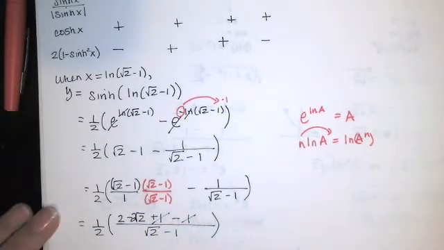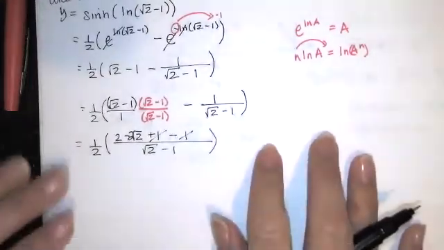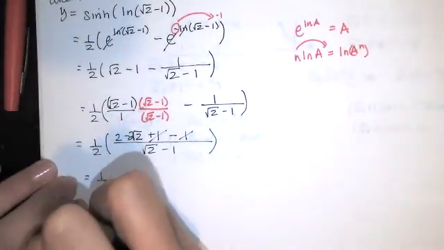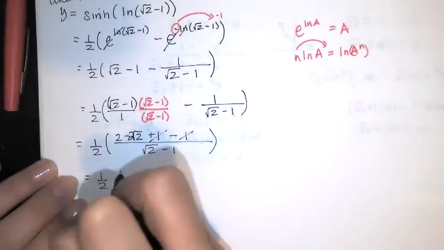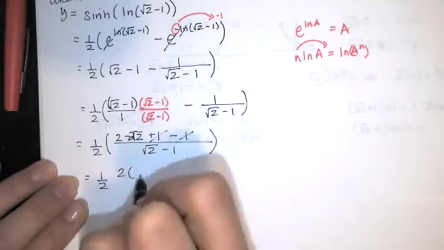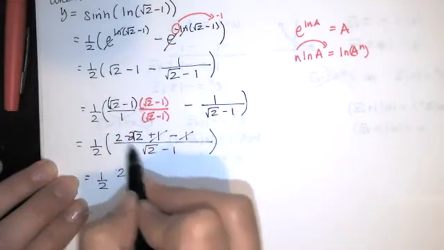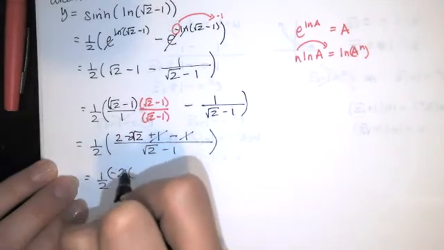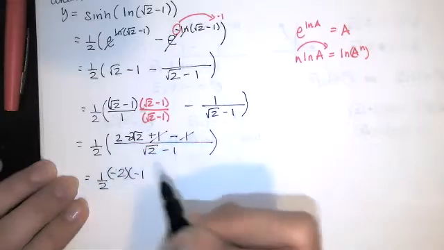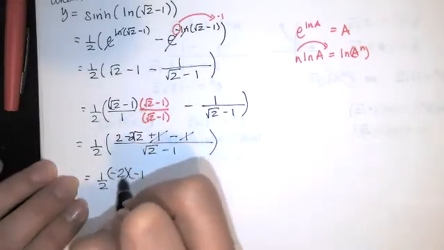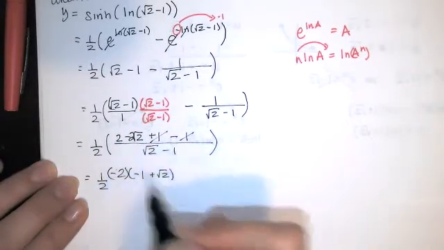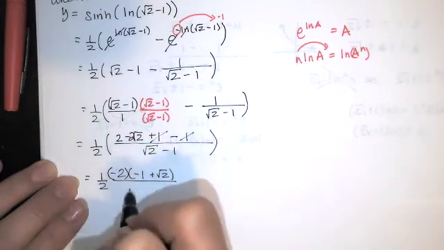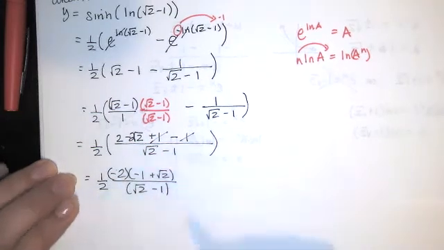So those guys undo each other. And you can factor out a 2. So actually, let's factor out a -2. So -2 times -1 is that 2, and -2 times positive square root of 2 is that. And all of that is divided by square root of 2 minus 1.